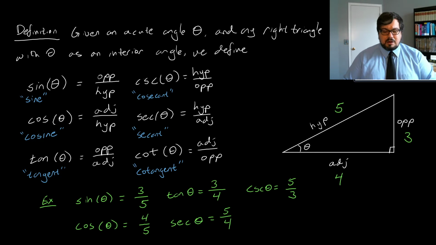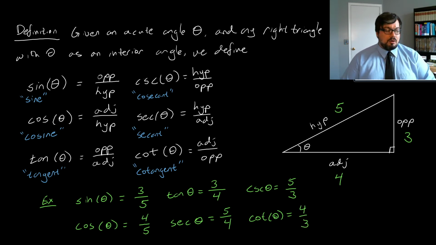And cotangent of theta is equal to adjacent over opposite. So that's 4 over 3. So given a triangle with various sides to it, if you know the sides, then you can identify the sine, cosine, tangent, cosecant, secant, and cotangent of each of those angles.